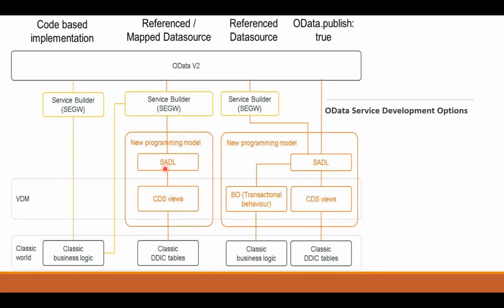This is used by SAP to understand the annotations we mention in our CDS views, and that converts into the gateway language. So the gateway will be easily able to communicate on top of this SADL generation. Even in this case, if we use OData.publish true, again SADL will take place based on this annotation. The single annotation makes our life so much easier.